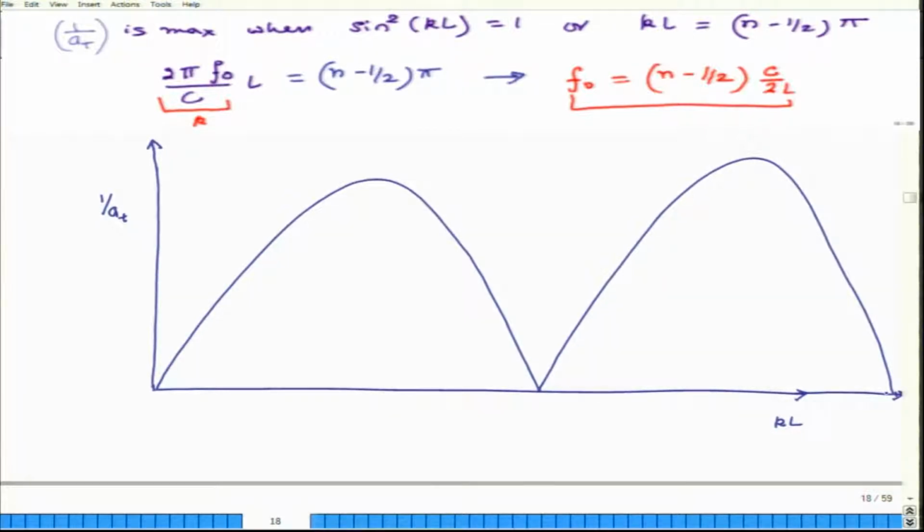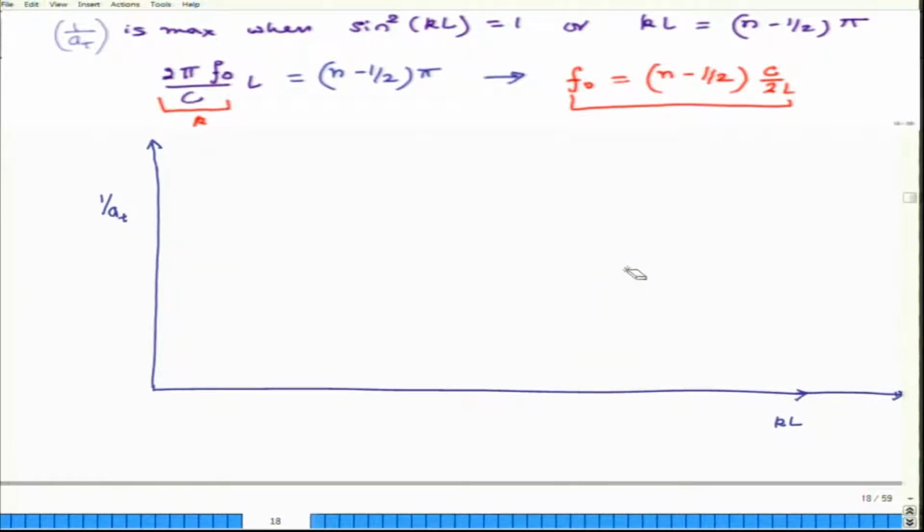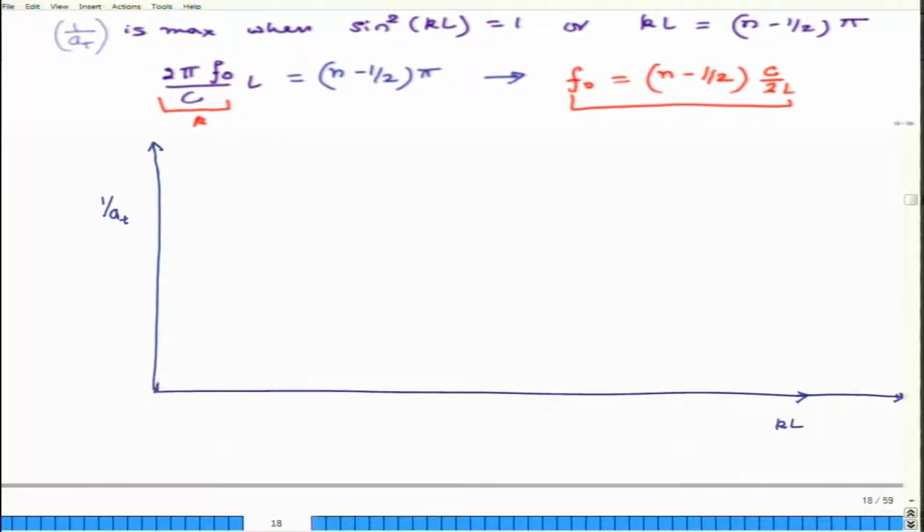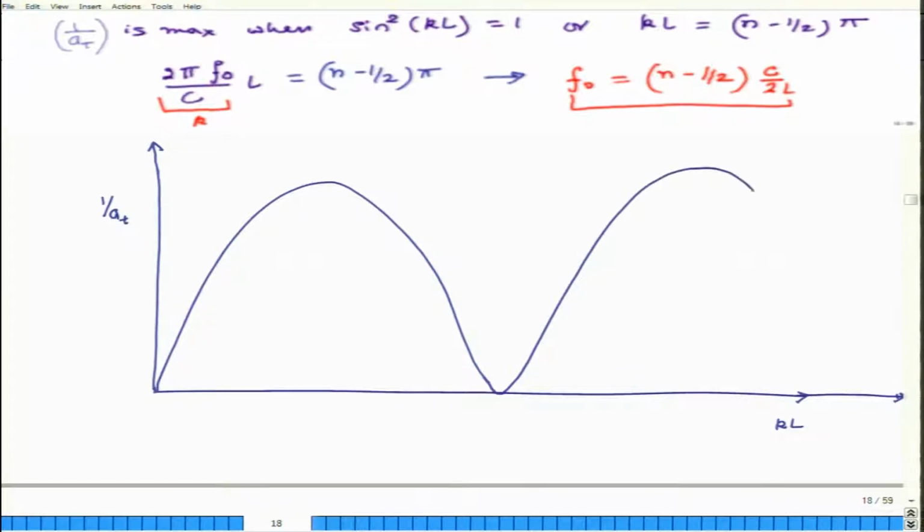Okay. So, I'll draw it again. Something like this. Okay. So, here my kL is equal to 0, kL equals pi radians, kL equals 2 pi radians, and so on and so forth.